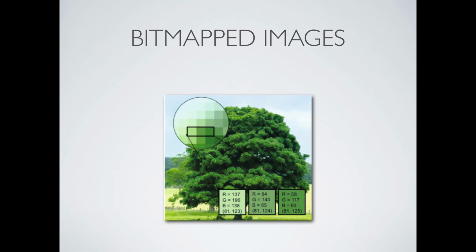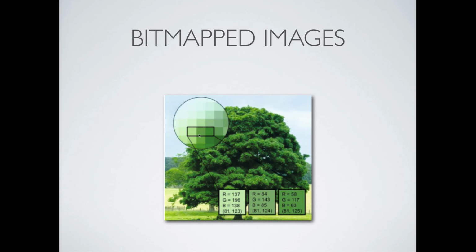We might pick this particular pixel element and take a look at it, and we would see that it has RGB values. In this case, the red component is 137 out of 255, green is 196, and blue is 138. So these are the 3 numbers that refer to the color of this particular pixel, which happens to be x81, y123.